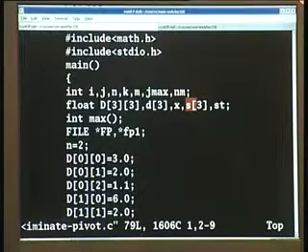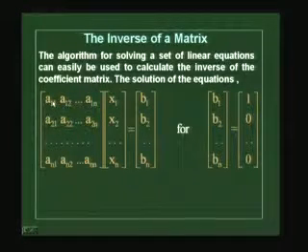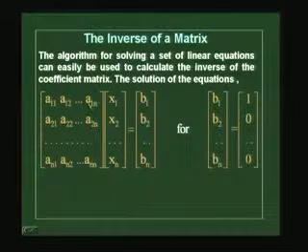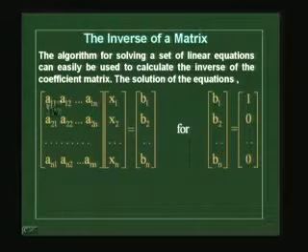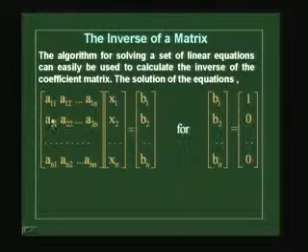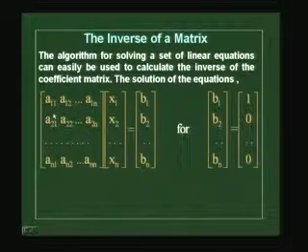When you have a matrix like this and want to eliminate all the columns to make the upper triangular matrix using the Gauss elimination scheme, we divide this row by this diagonal element A11, multiply it by A21 and then subtract from this row. That's how we make this 0.